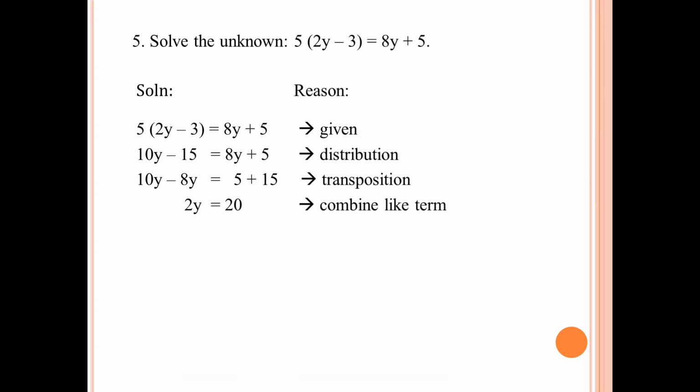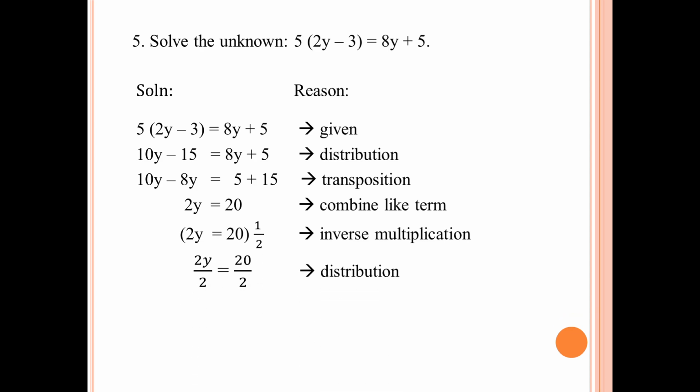So again, we're going to remove 2 by simply getting the inverse of 2, which is 1 half. Then distribute it. Then 2 divided by itself is 1. So y equals 10. Again, if we're going to find whether our answer is right or wrong, let us do the checking. Let us try to substitute 10 to all the y's in the given original equation.